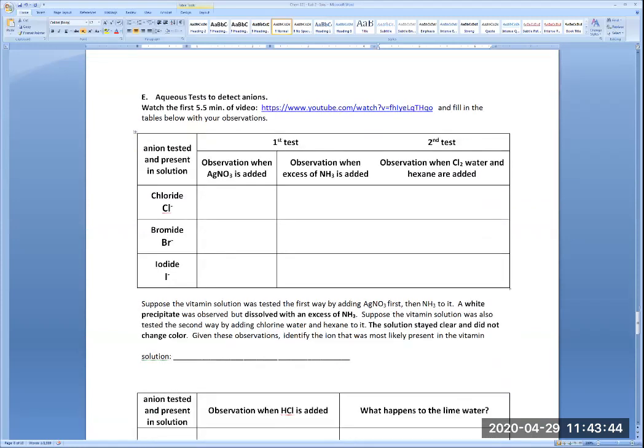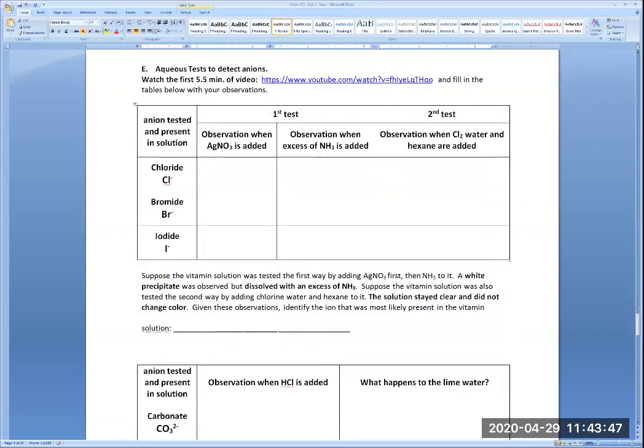Same thing here for table E, except this time we are testing for the presence of anions, which are negative ions. So make sure you fill each box here. For those anion tests, there were two kinds, so make sure you watch the whole video to see all the tests.